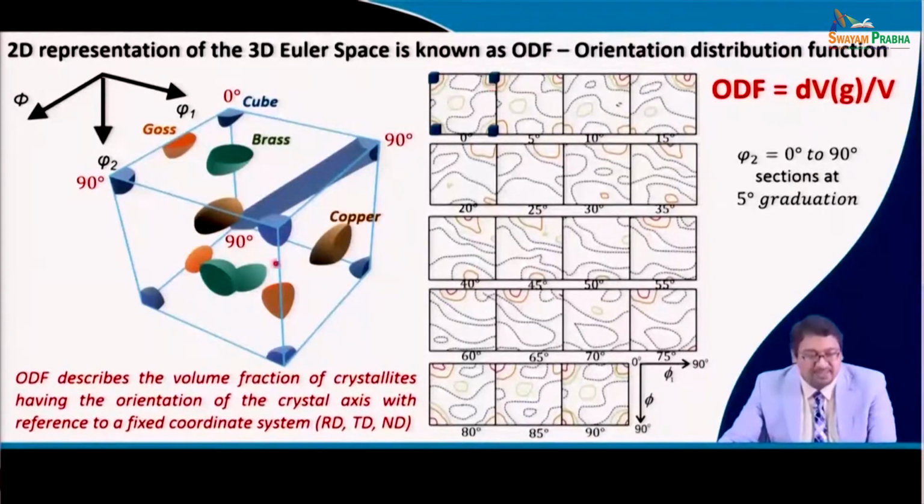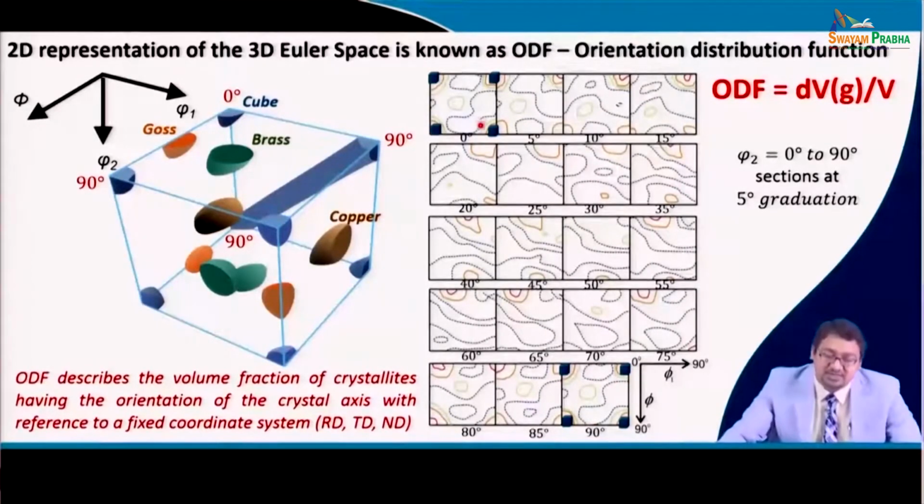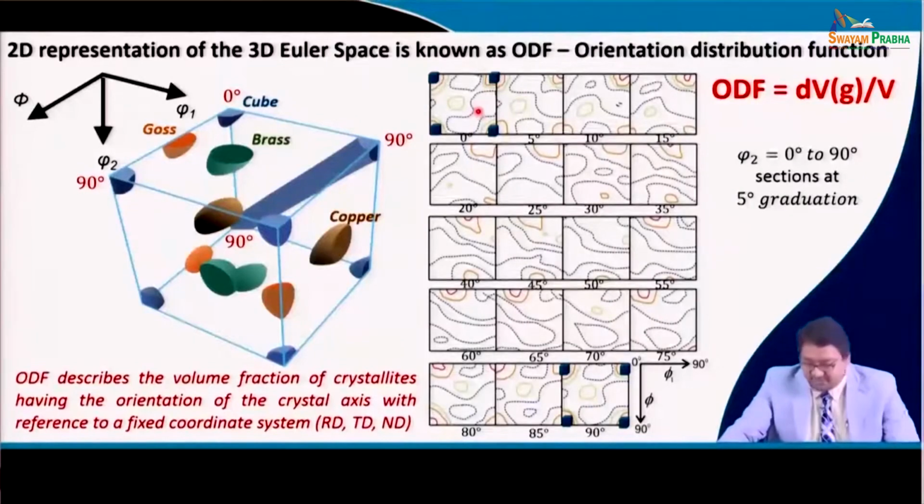So, you see we obtain the cube texture here, right. On the other hand, because of the symmetry at 90 degrees, similarly the cube texture may develop at the 4 corners, which can be observed from this 3D Euler space. We can see that this cube texture can form, and I have shown it by the blue colored square boxes.